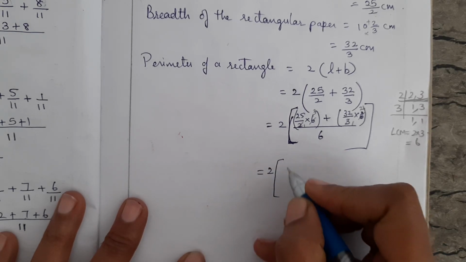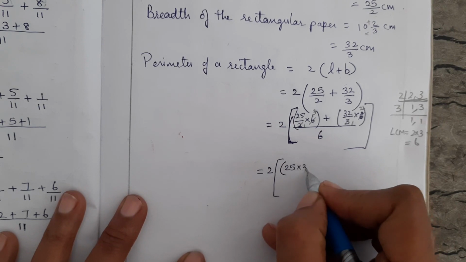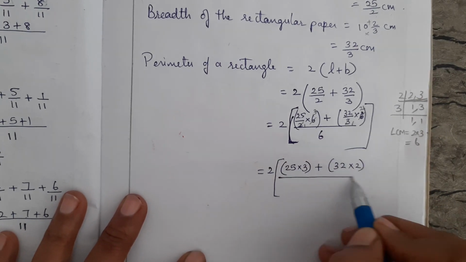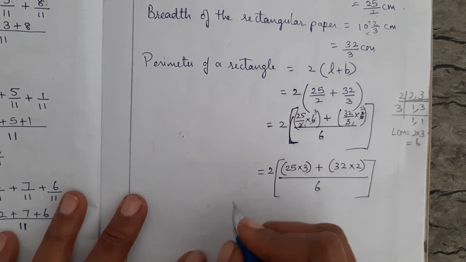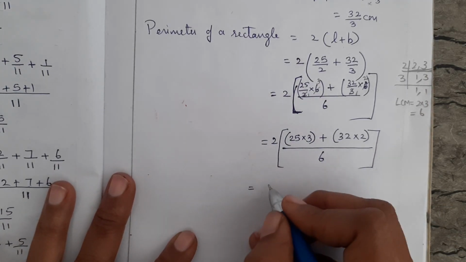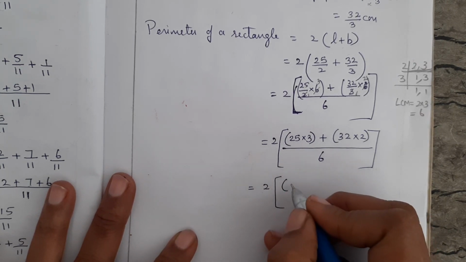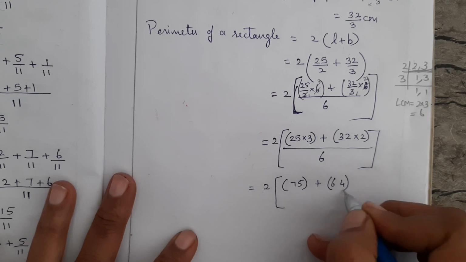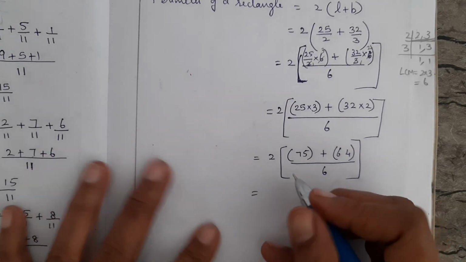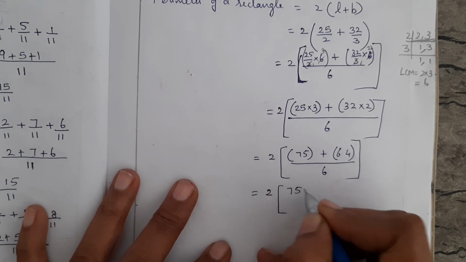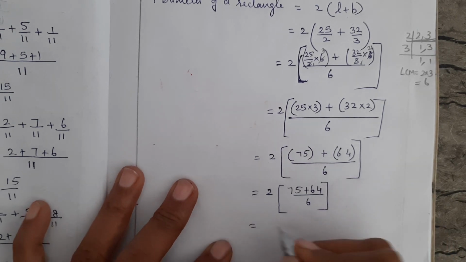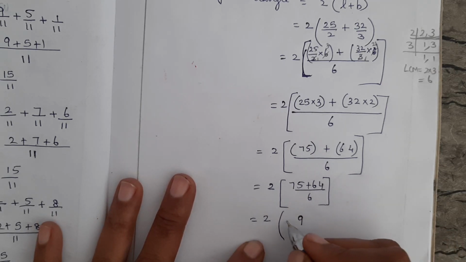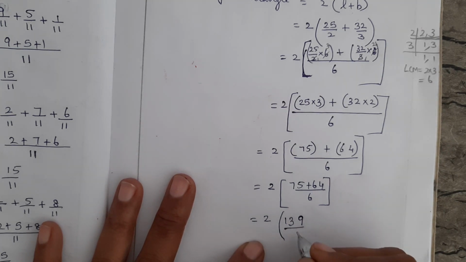So we have 2 into (25 into 3 plus 32 into 2), divided by the whole denominator, which is 6. 2 into 25 threes are 75, so 75 plus 32 twos are 64, divided by 6, which is equal to 2 into 139 divided by 6.